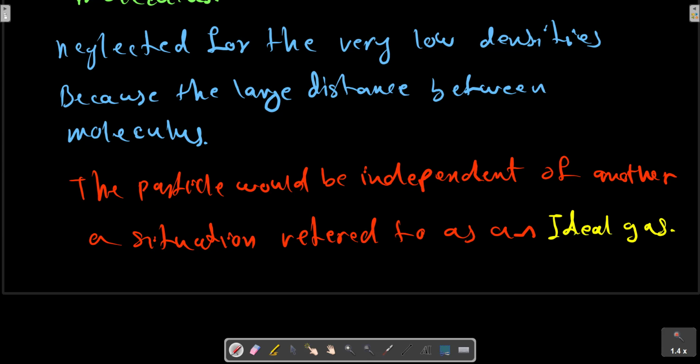For the very low densities, the large distance between molecules, we have the assumption of an ideal gas.